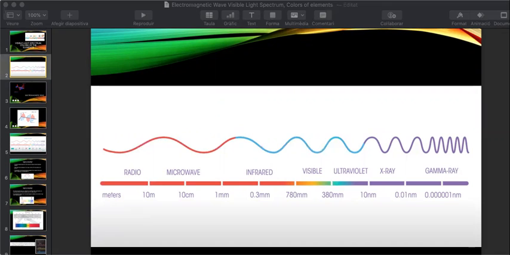They move through space, or through different types of materials, for example, air or a solid or water. The electromagnetic wave can pass through different materials, not only empty space.